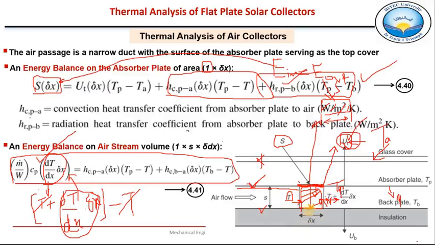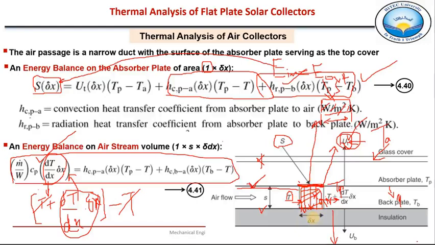For the same element del x, we wrote this equation for the energy balance for the absorber plate. Similarly, now we shall write the equation for the back plate, because the back plate is also losing heat in this direction, and it is giving heat in this direction to the air, and it is absorbing heat from the top absorber due to radiation, right?